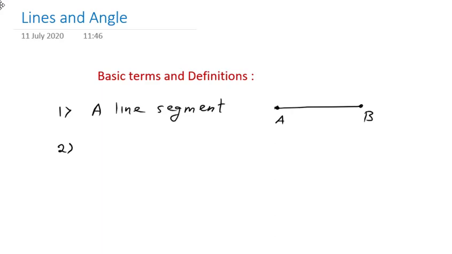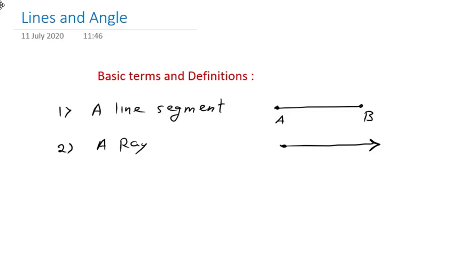Second is a ray. At one end we have an end point, and at the other end we have an arrow which indicates that it is increasing in this direction. The arrow end indicates that it is increasing in a particular direction.